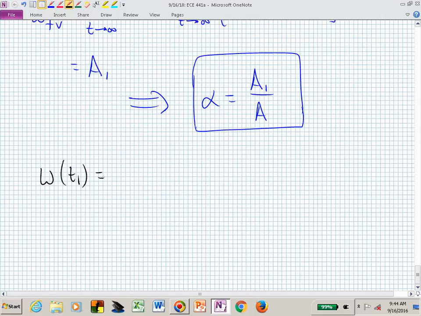If we now substitute T with T sub 1, we now have omega 1, and that was given. They told us what the shaft velocity was at T1. They said that's omega 1. And that's now equal to A alpha times 1 minus e to the minus T1 over tau.